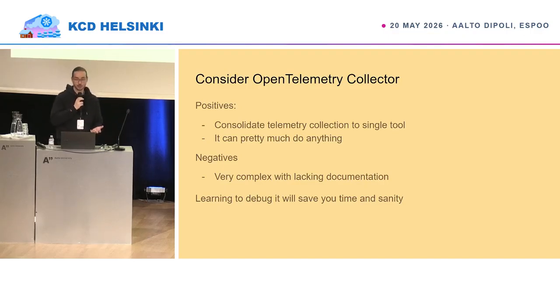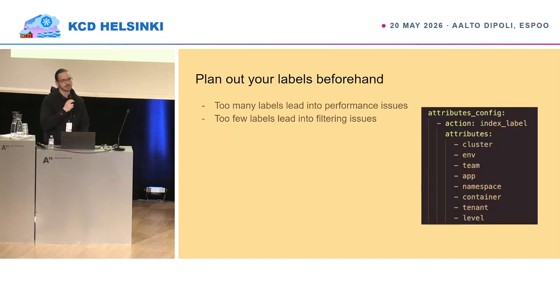And it can do pretty much everything. The negative is that because it can do everything, it's really complex. And when you want to configure it, it lacks documentation quite badly. So learn to debug it. And if you learn it, then it will save you time and your sanity, speaking from experience.